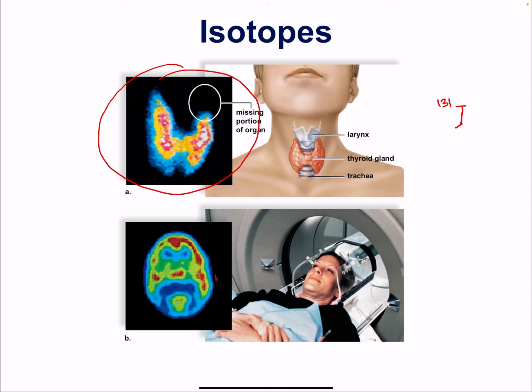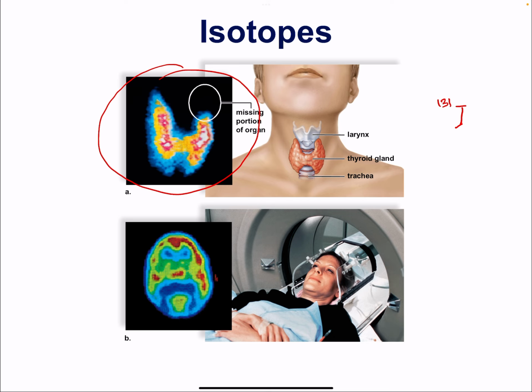That radioisotope, in a very small amount, can attach to the functional part of the thyroid because they produce the thyroid hormone. And when you provide that isotope, the cells do not distinguish between the radioactive isotope and the non-radioactive isotope. They don't distinguish that because the atomic number is the same. Therefore, iodine is iodine, regardless of if it decays or not.